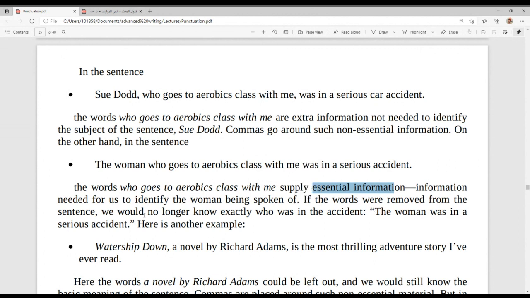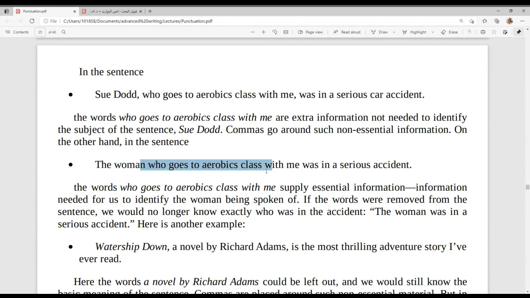If the words were removed from the sentence, we would no longer know exactly who was in the accident. Look here, the woman who goes. The woman. Okay, so the woman, we use the definite article here, the woman.